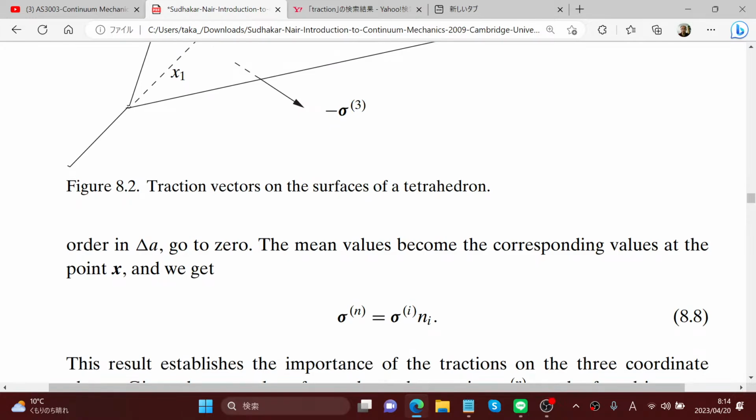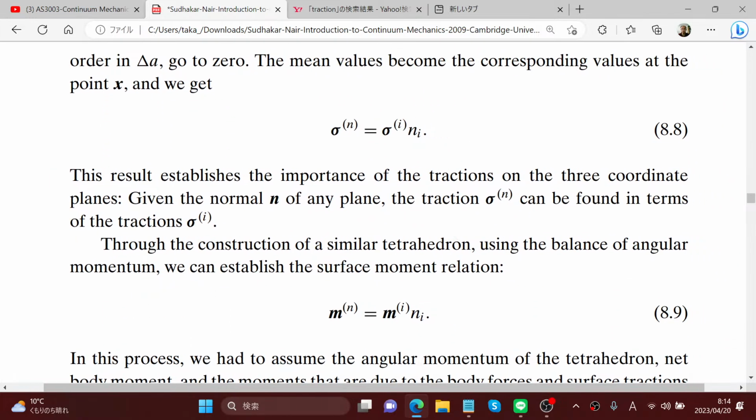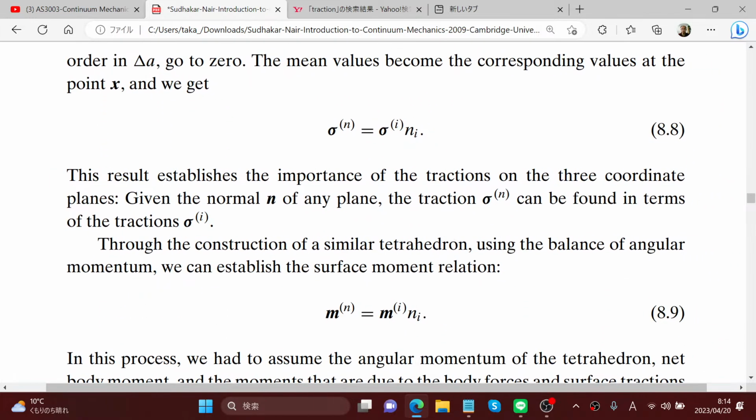Sigma_n is sigma_i n_i. This result establishes the importance of the tractions on the three coordinate planes. Given the normal n of any plane, the traction sigma_n can be found in terms of the tractions sigma_i.